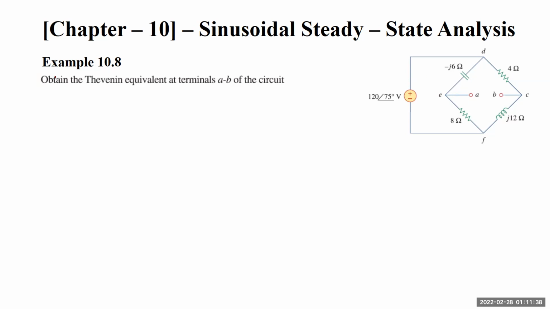So the first step is to calculate the Z Thevenin, or Thevenin equivalent impedance, at terminals AB.